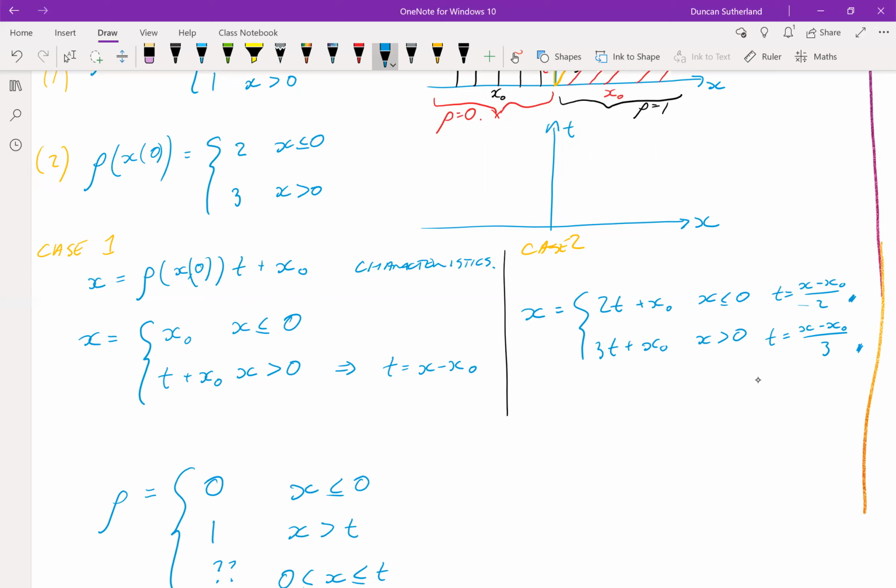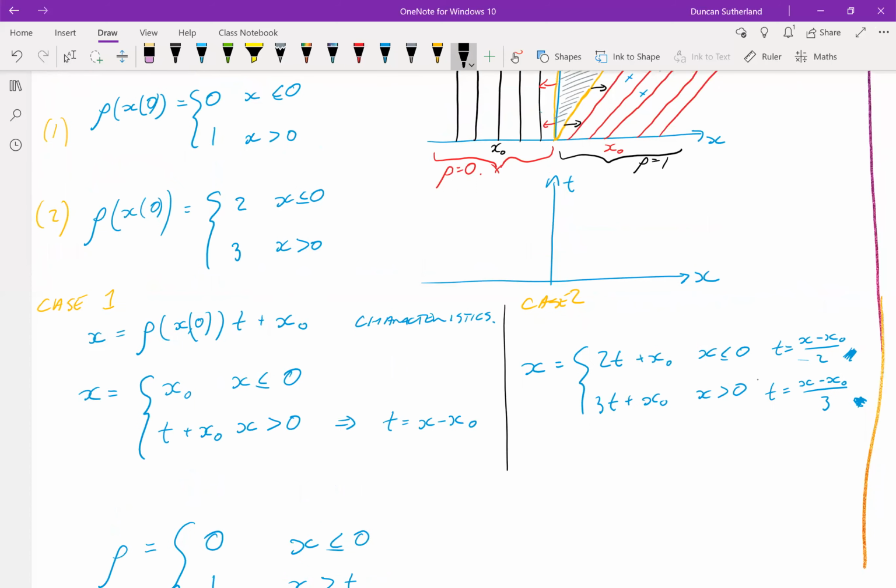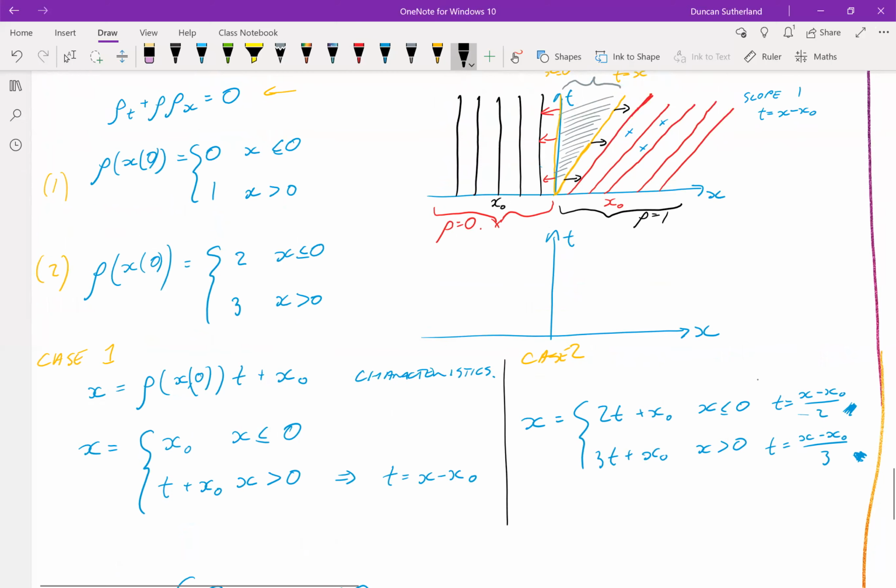So the characteristics that originate from x less than or equal to 0 are steeper than the characteristics which originate from x greater than 0. So let's just sketch this in, and we're not going to try and get these gradients perfect. We're just going to try and represent what's going on.